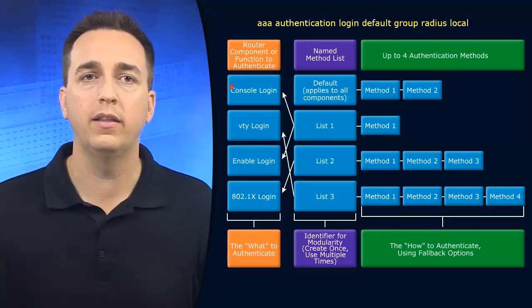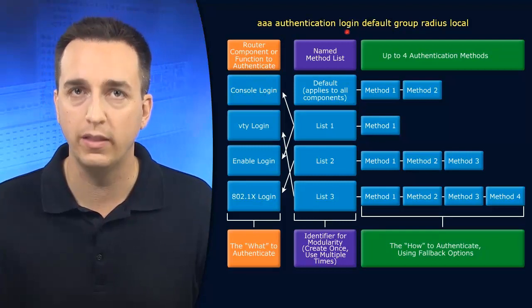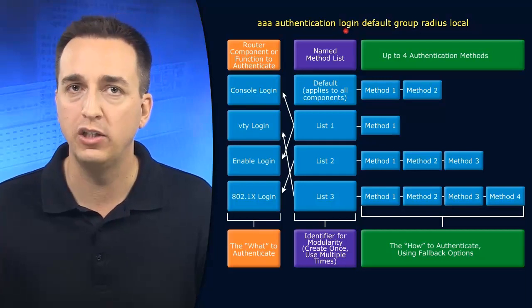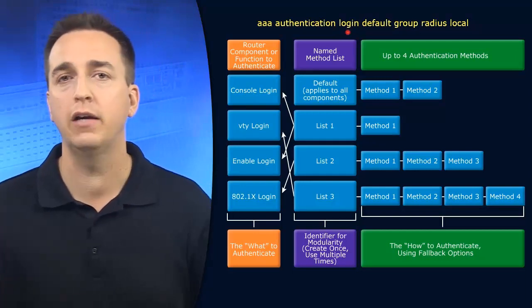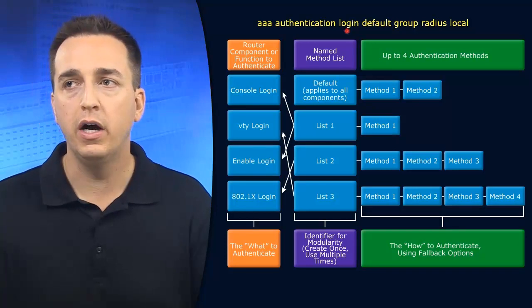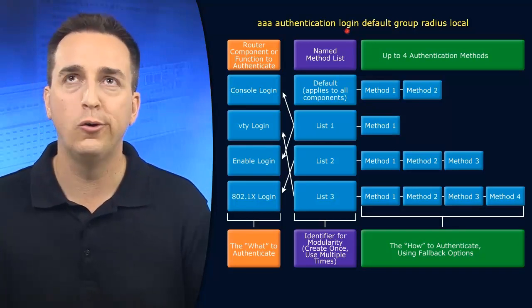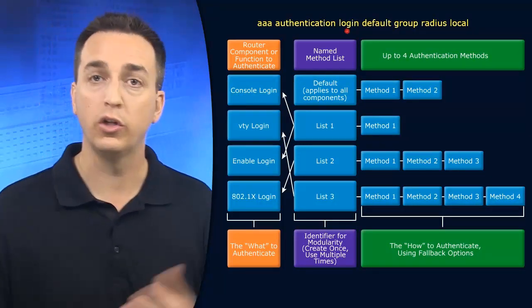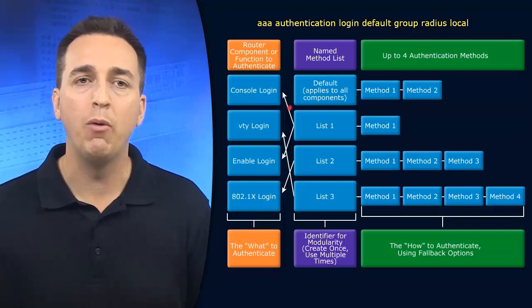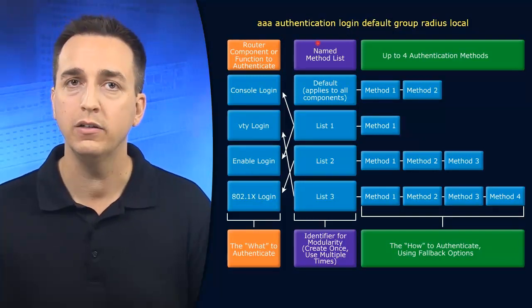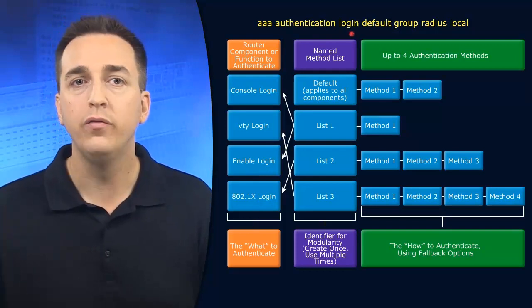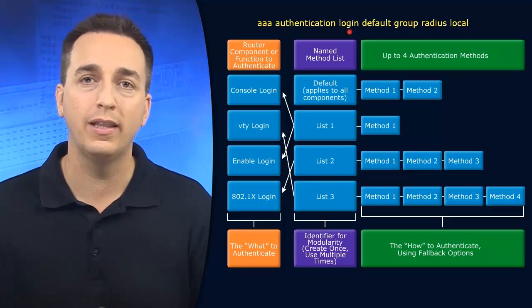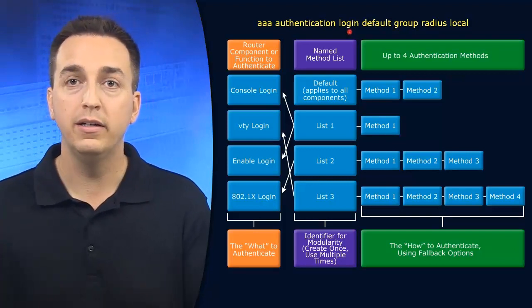For example, we can authenticate console login, and this is done with the option login. VTY login is again accomplished by just simply typing in login. So when we type in login, we're really referring to those remote methods or physical methods that we can use to access our device for management purposes. So the console lines, the VTY lines. However, if you typed in enable instead, AAA authentication enable, then you are going to be setting up a method list that will be utilized to authenticate users that are typing in the enable command.